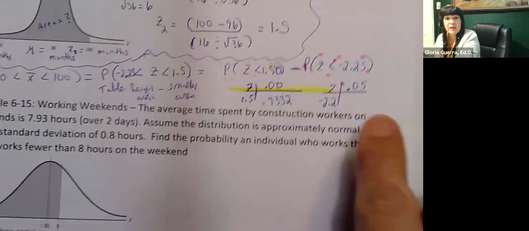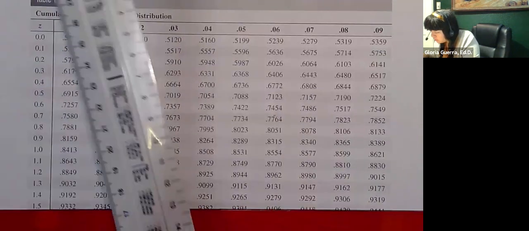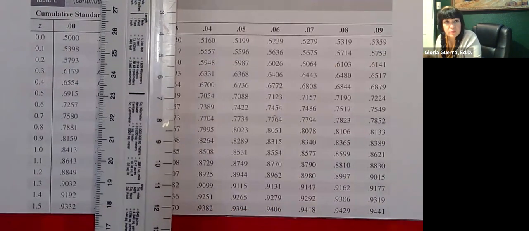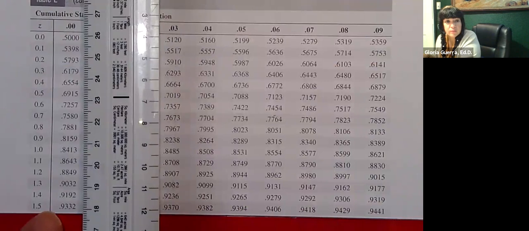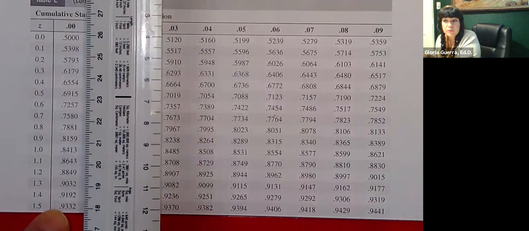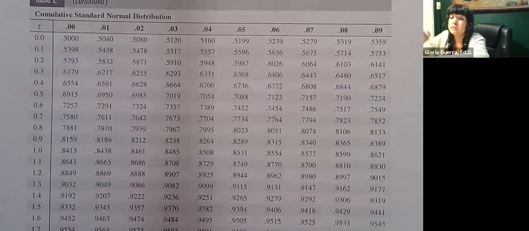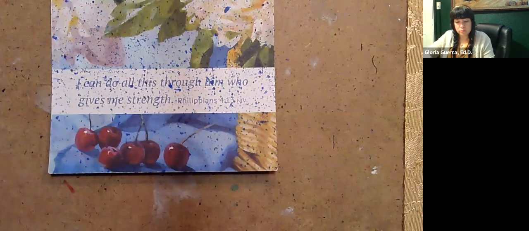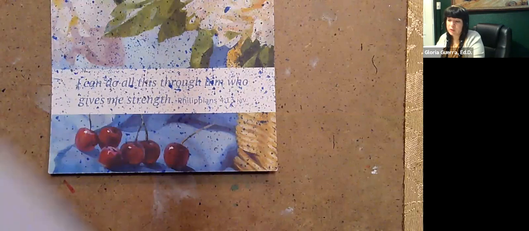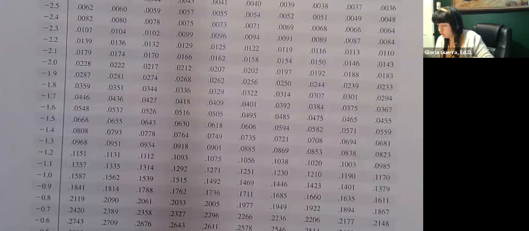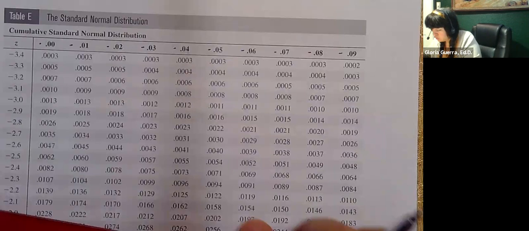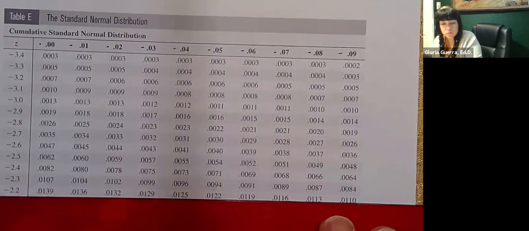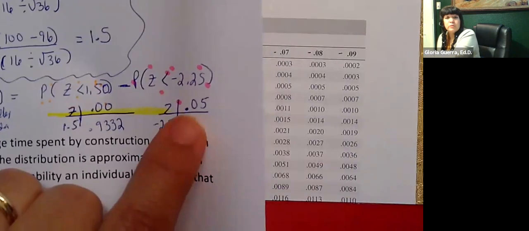The other one is negative 2.25. Now I'm going to have to go to the negative side of my table, the negative standard normal table. And you're looking up negative 2.2 and then 0.05.